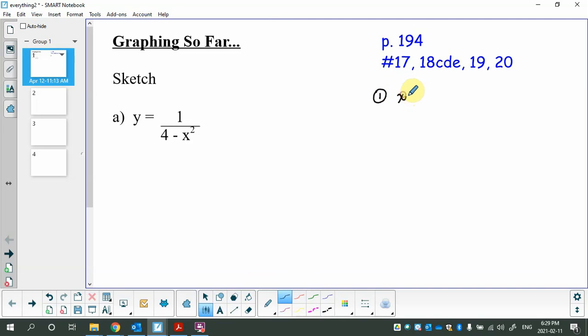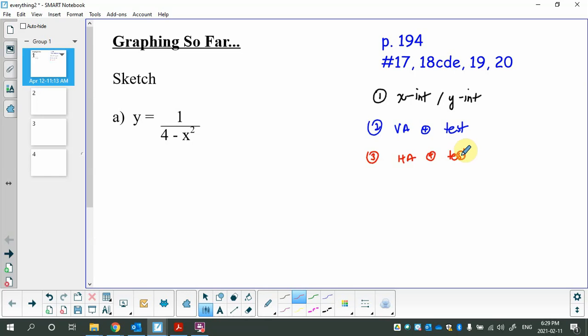We have to pull off finding intercepts. We have to find vertical asymptote plus test. We have to find horizontal asymptote plus tests.